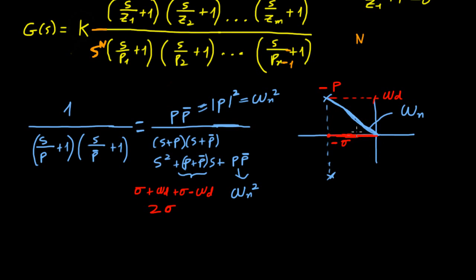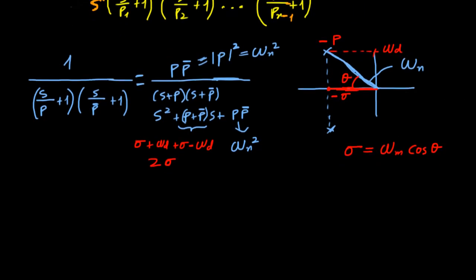But this segment sigma is just omega n, the module of p, times the cosine of this angle here, the cosine of theta. We call omega n the natural frequency of the poles.